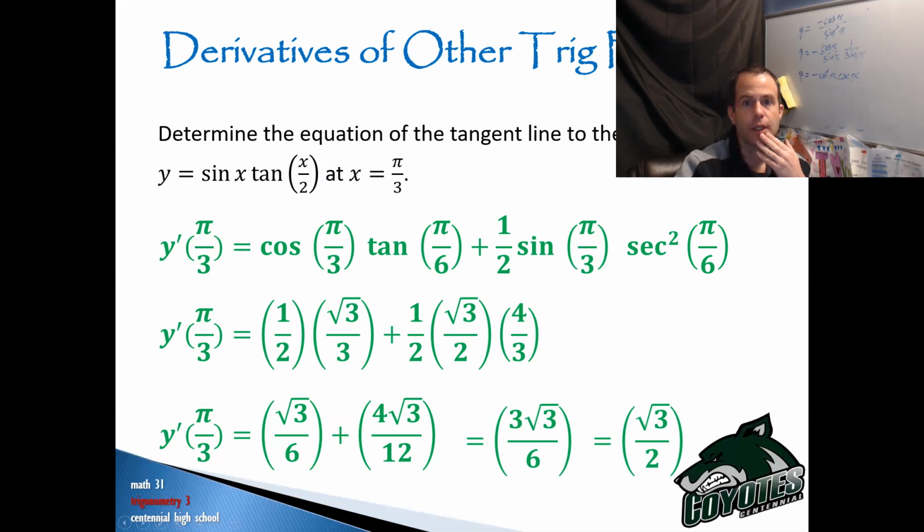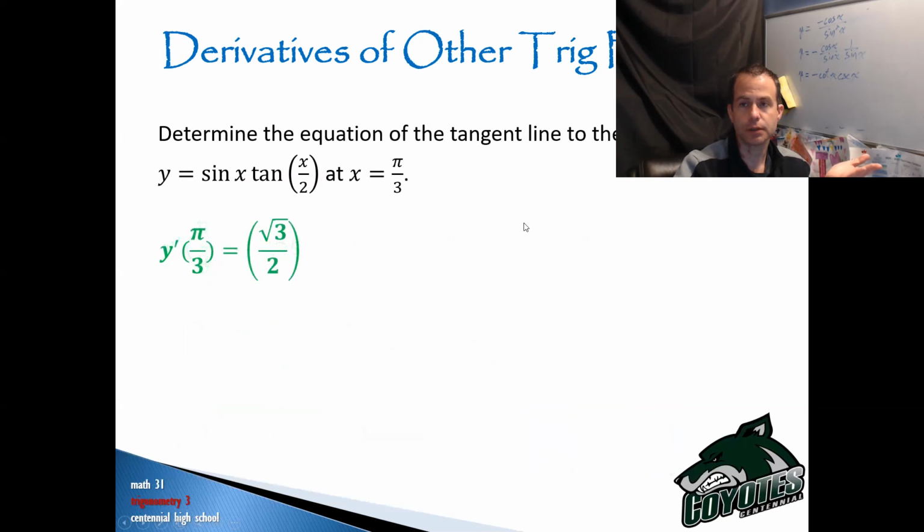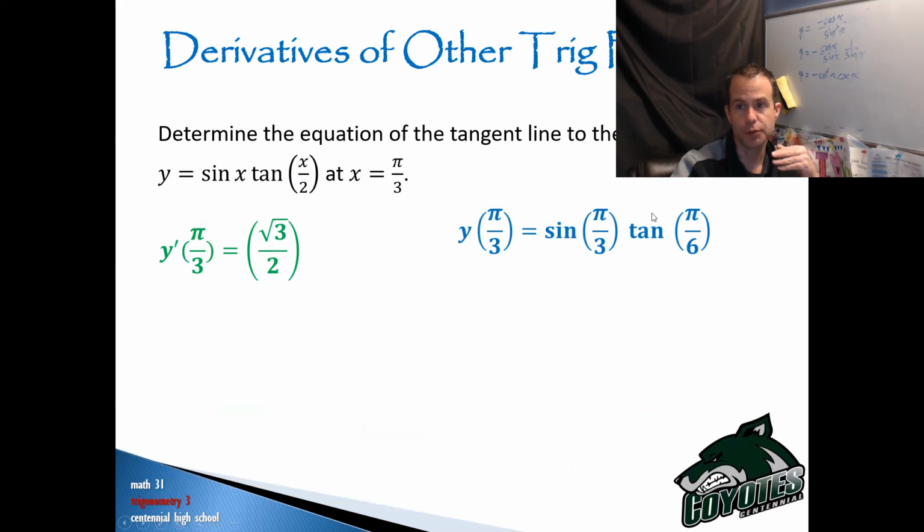Okay. Now, I need to build an equation. You were asked to determine the equation. I know my slope. I know my x value of my point. In order to build an equation, I need the slope and I need a full point. So the next thing I need to do is get my y value of my original equation. Okay, so I'm going to take my pi over 3. I'm going to plug it into my original equation, which is y equals sine x tan x over 2.